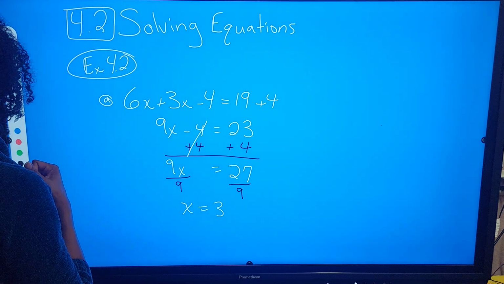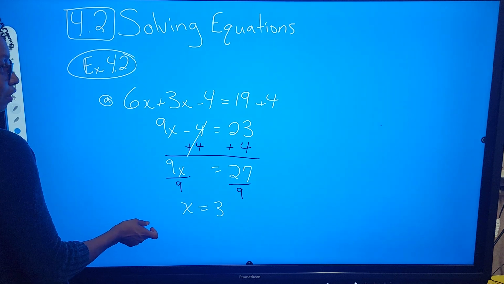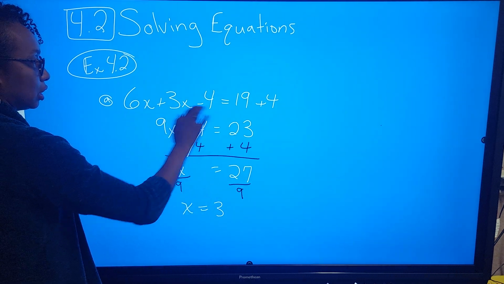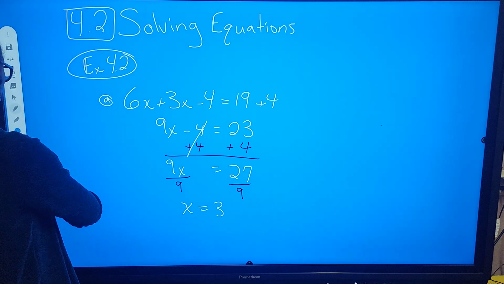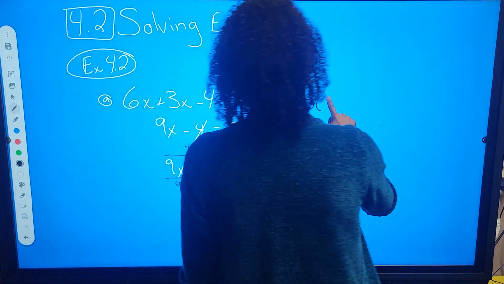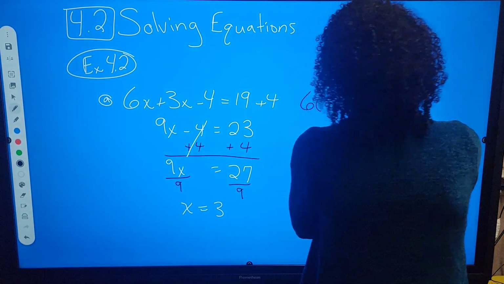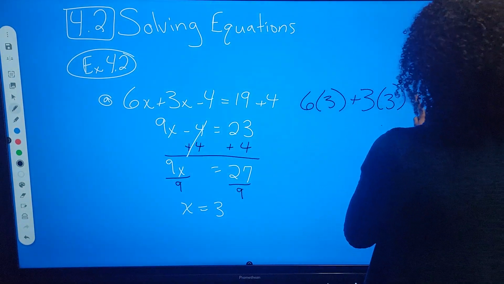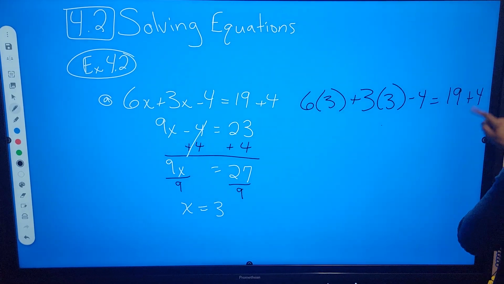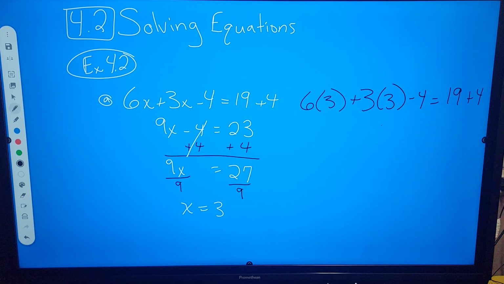The directions do encourage you to go ahead and check also. Remember, we're going to check this by putting 3 where each x is in the original problem. So to check it, instead of 6x, we'll say 6 times 3 plus 3 times 3 minus 4 equals 19 plus 4. So again, the original equation rewritten, but with 3 where the x's were.